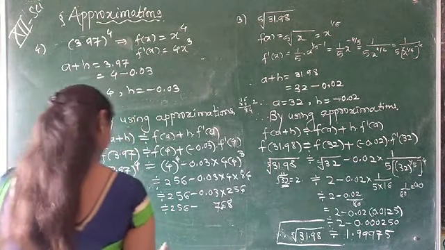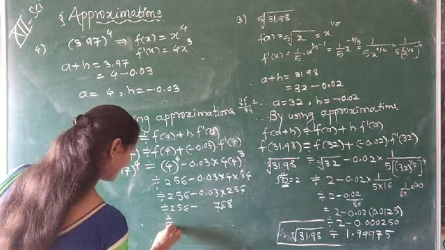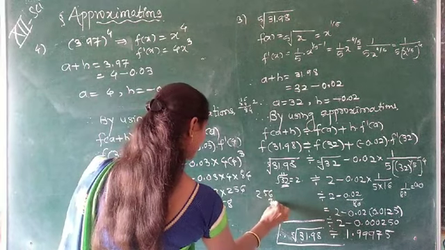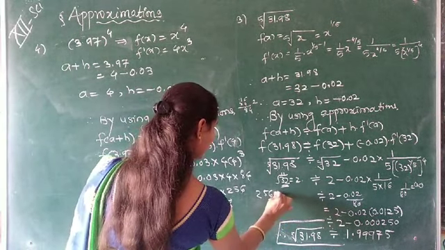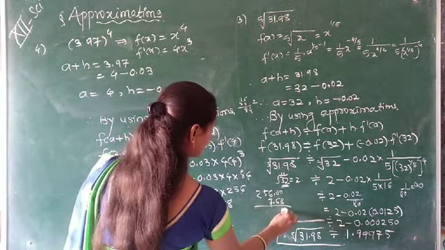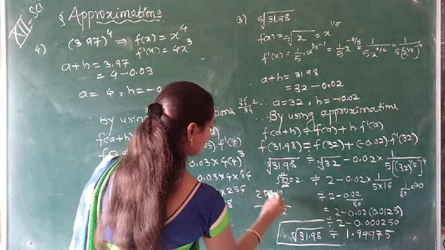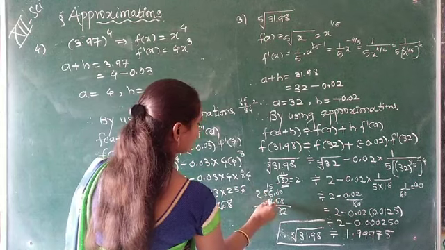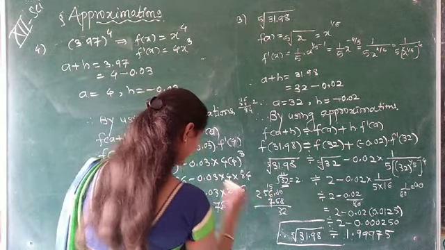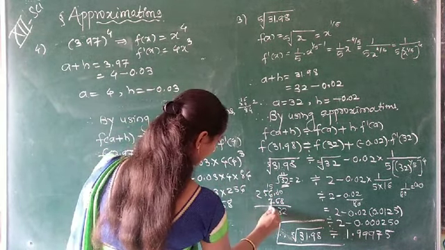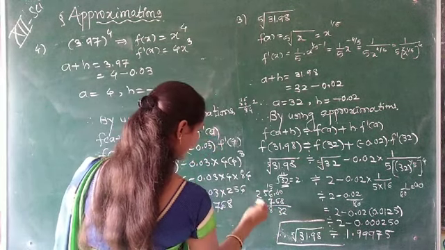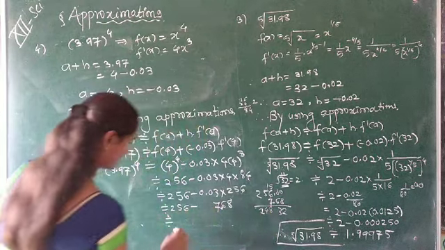Therefore, our answer is 256 minus 7.68. That means 10 minus 8, 2, 9 minus 6, 3, here it is 5, again it is 15, so here 15 minus 7 is 8, and here it is 4. So 248.32.